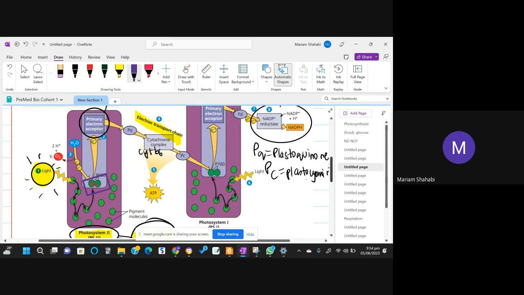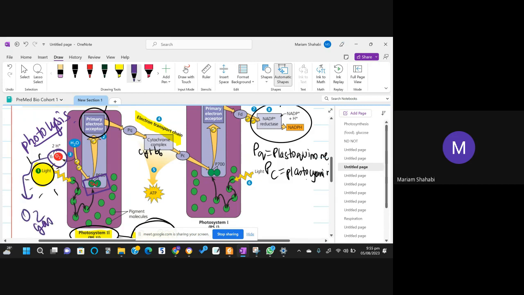So light is used to break down water molecule. Now this is called photolysis. Okay? Because you're using light to break down water. Lysis हो रहा है. So photolysis. And water gets broken up into hydrogen ions and oxygen gas. यहाँ पे oxygen gas भी इसी तरह release हो रही है.